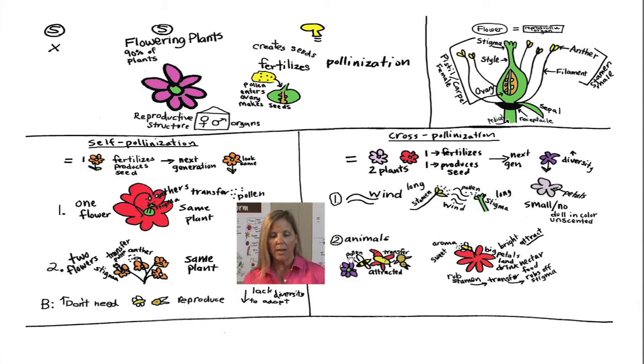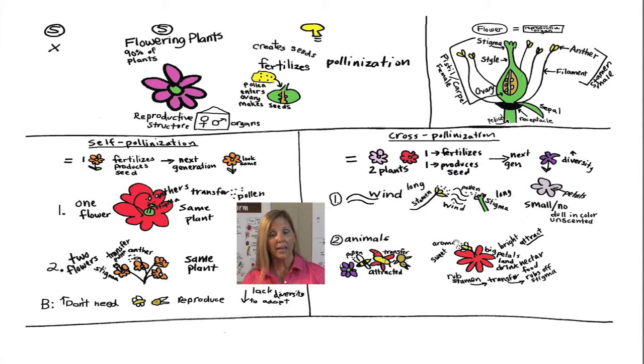This is when birds, bees, different types of animals, butterflies are attracted to bright, colorful flowers with sweet scents so that they can go land on their large petals and drink their nectar. They will carry the pollen from one of those flowers to another flower that they drink nectar from, hence transferring the pollen.